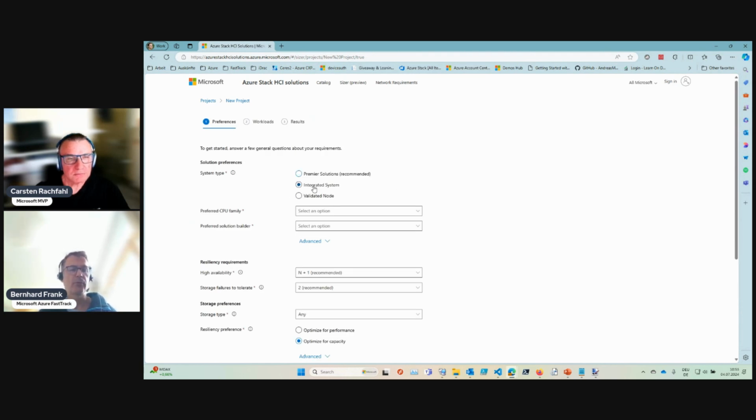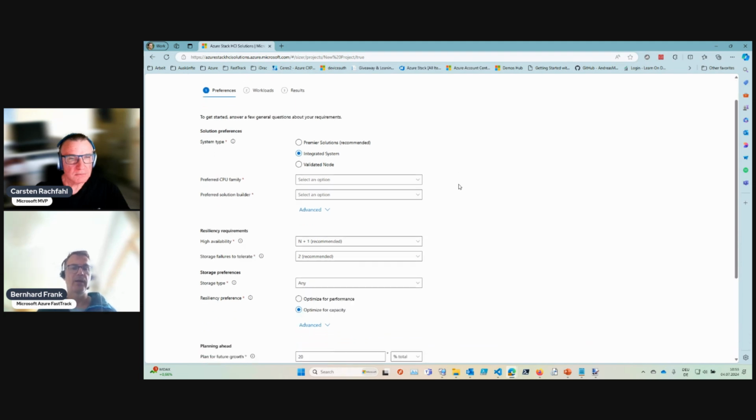Do you want to go for an integrated system, which is a well tested hardware setup, where every component, storage, network has been put together and tested as a whole? Or are you a little bit more brave and want to do other systems, have more freedom of choice, but with freedom of choice, you need to know a little bit more in order to get to a valid system.